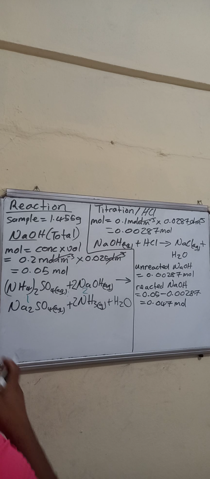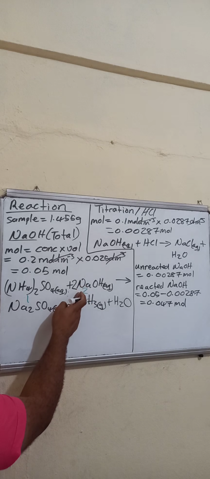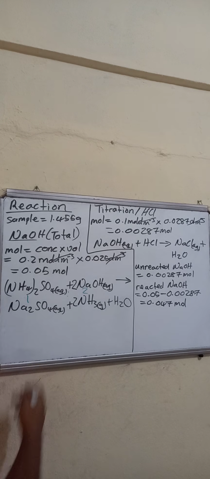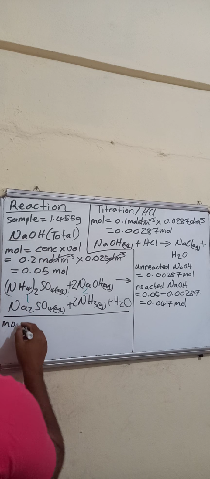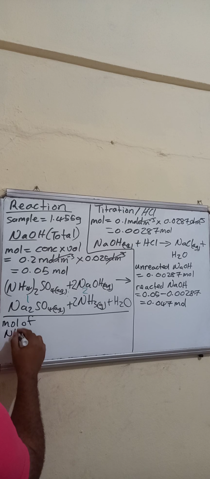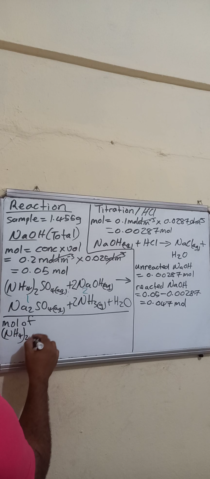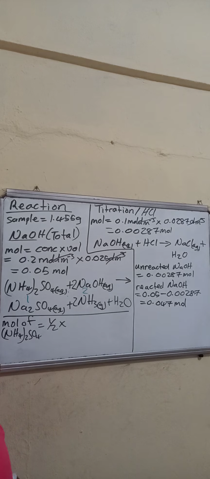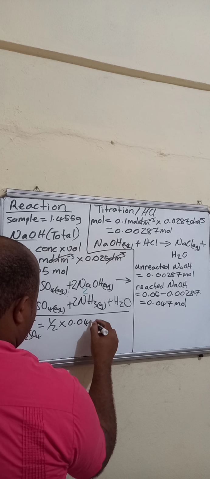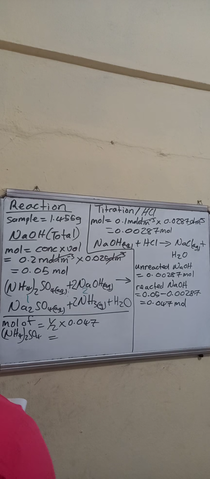So now we're interested in finding the moles of ammonium sulfate. 2 moles of sodium hydroxide, 1 mole of ammonium sulfate, so mole of this is equal to 1/2 times 0.047, and we end up with, right, this was not finished.